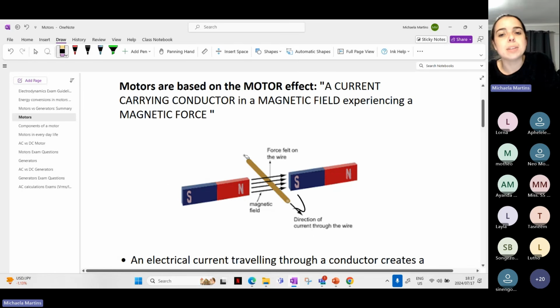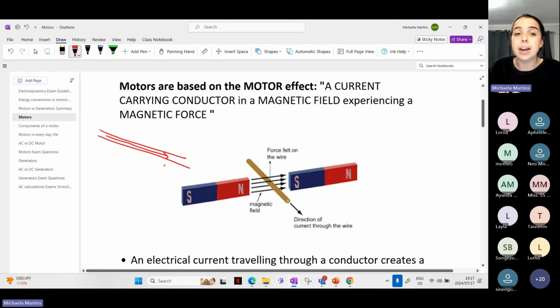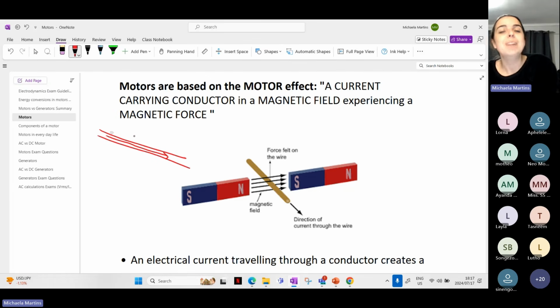What basically happens is, if a conductor has current flowing through it, what we cannot see with our eyes, but what exists, is that because there's current flowing through the conductor, that current creates a magnetic field. So the wire creates a magnetic field.